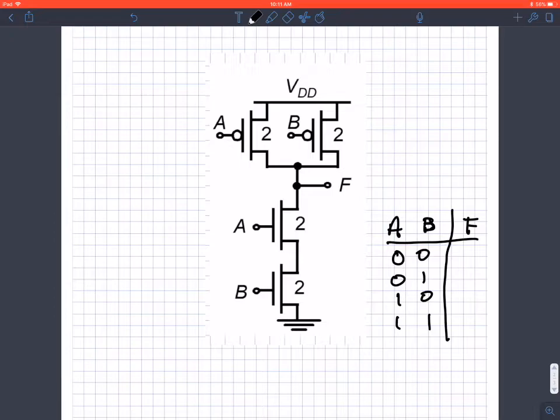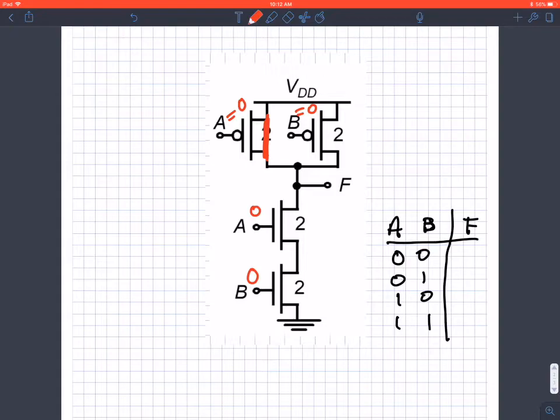Okay, so if we put an input on the A gate of 0, 0, okay, so A is also tied to this point, so A is a 0, and B is tied to this point, so it's also a 0. So remember, if there's a bubble on the input of the gate, that switches on the transistor, so that acts like a switch, it closes.